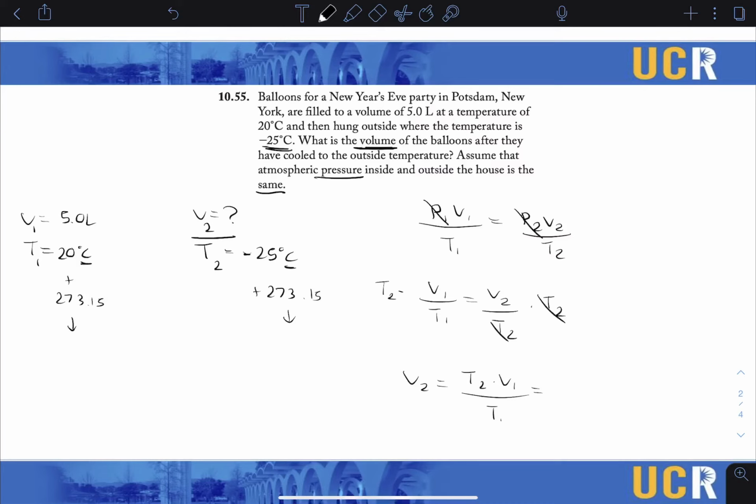And then for the first one, we're going to get a value of 293.15 Kelvin. And the second one, we're going to get a value of 248.15 Kelvin. So now we're in Kelvin, awesome. So now we can plug these values into our equation. So T2 is going to be 248.15 Kelvin.